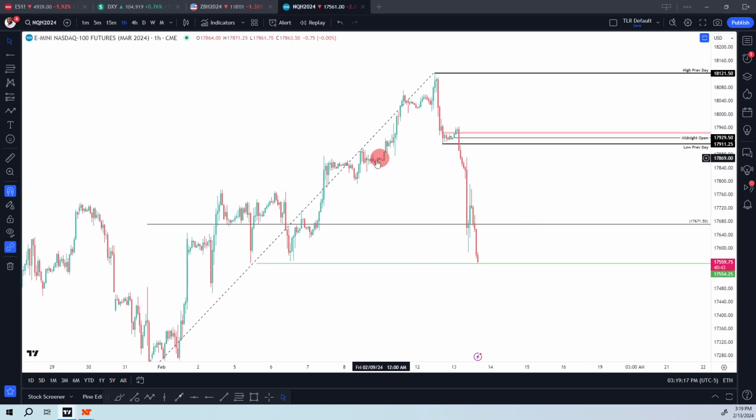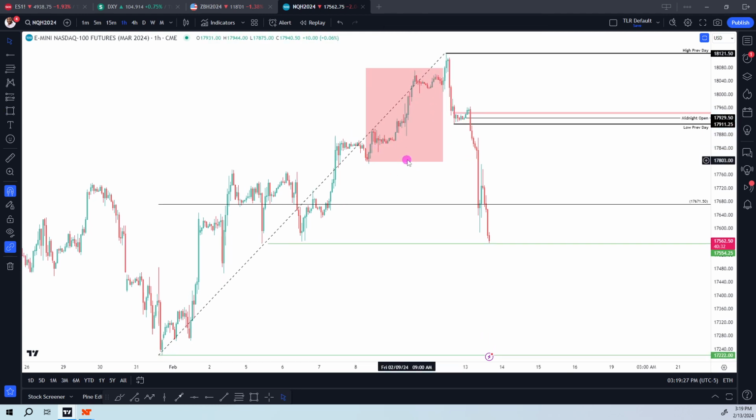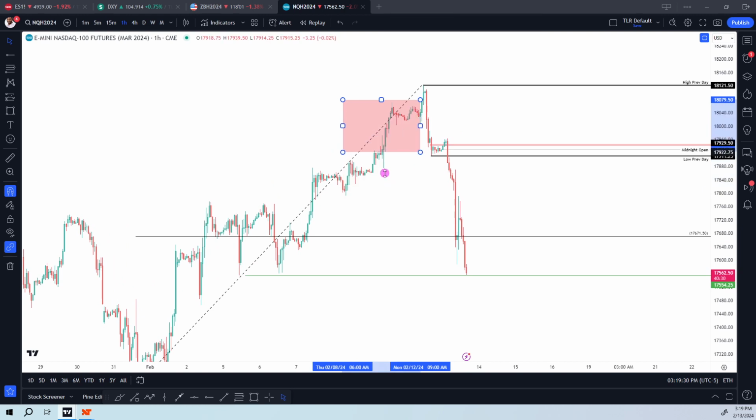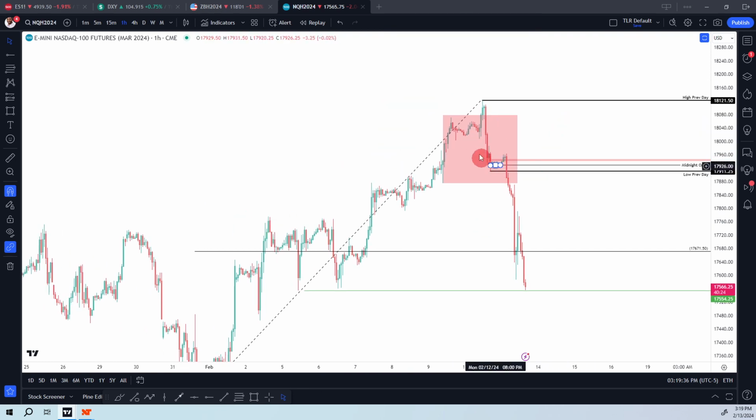Right? And I can explain that right here. Looking at this area of price, right here. Matter of fact, let's go to this spot right here. It doesn't matter what time frame I'm on, it's the same thing. All right, so looking at this area right here, we're bearish.